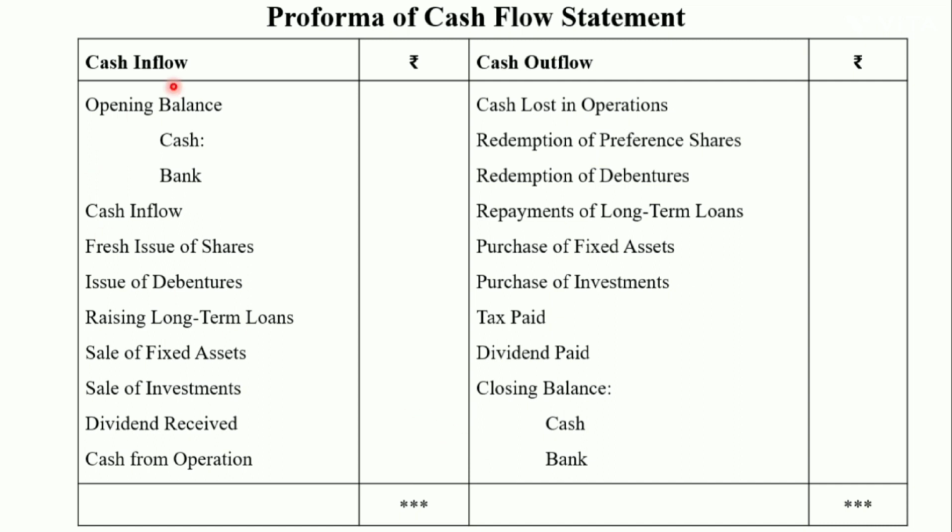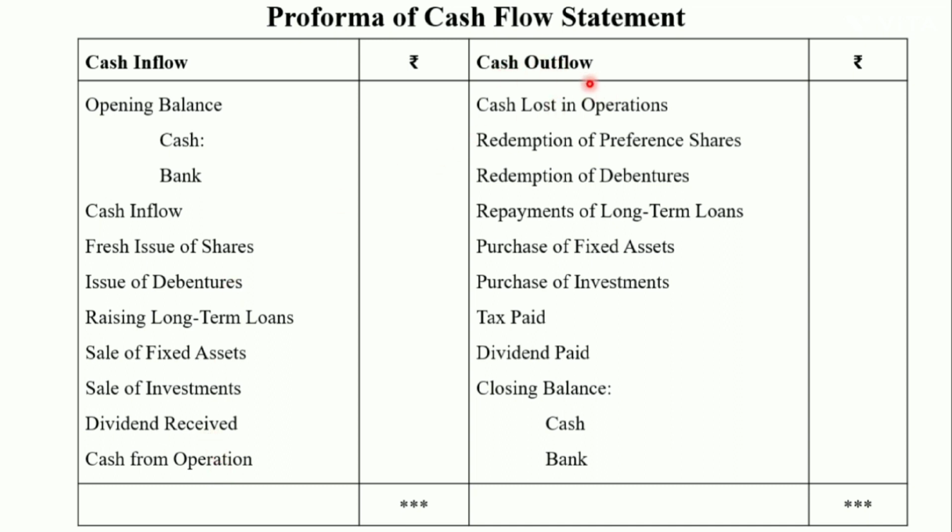Now, this is the pro forma of the cash flow statement. A cash flow statement is a statement showing cash inflow and outflow of the business. It starts with the opening balance, in the form of cash and bank balance. Then we record the cash inflow: fresh issue of shares, issue of debentures, raising long-term loans, sale of fixed assets, sale of investment, dividend received, and cash from operation.